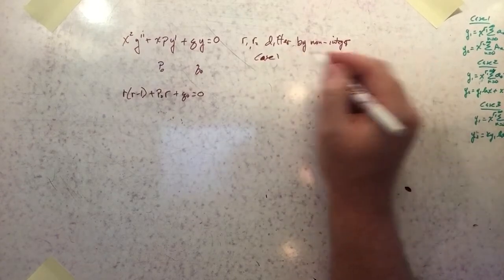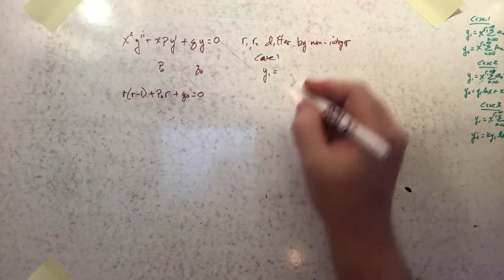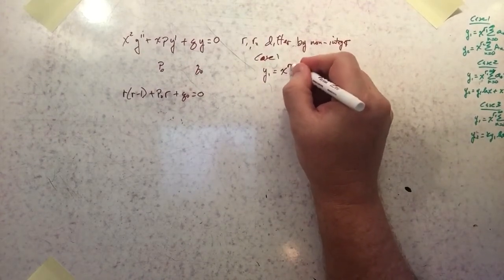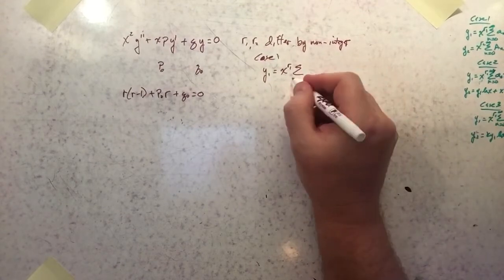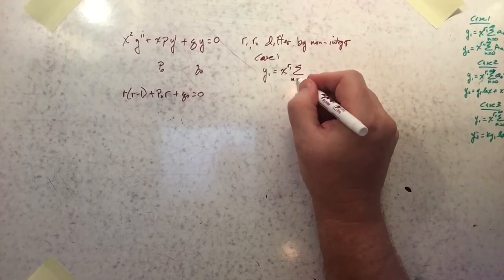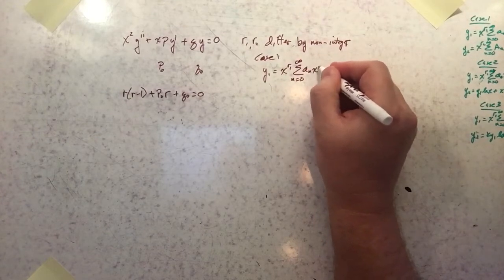And the approach on case 1 is to first assume that y1, the first solution to the differential equation, is going to be x to the r1 times the series solution we've been using all along, the power series centered at 0, n equals 0 to infinity of a n x to the n.